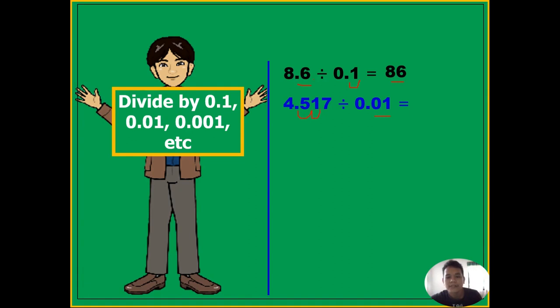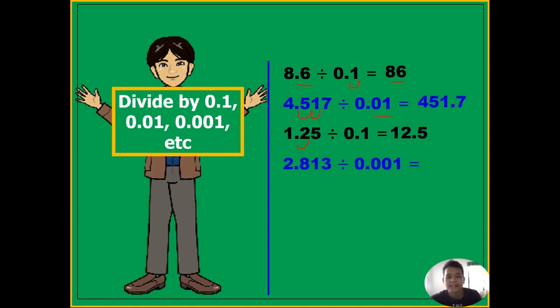So what is the answer? So 451 and 7/10. Let's try the next one. 1 and 25 hundredths divided by 1/10. So how many decimal places are we going to move? Just one. Okay, so the answer would be 12 and 5/10.